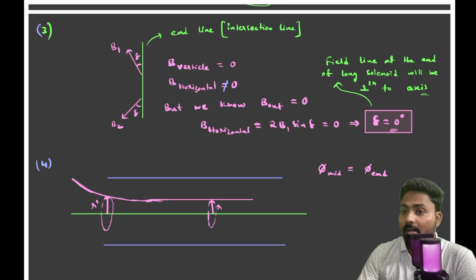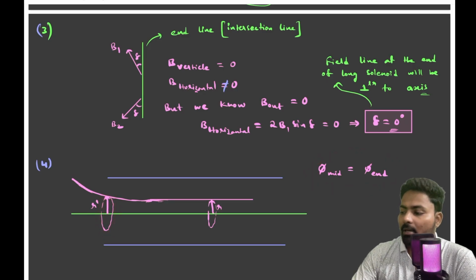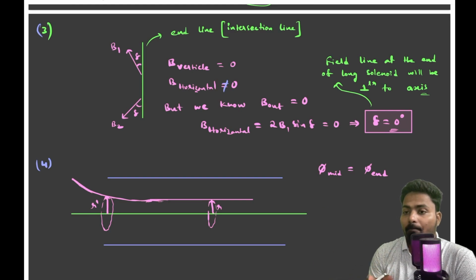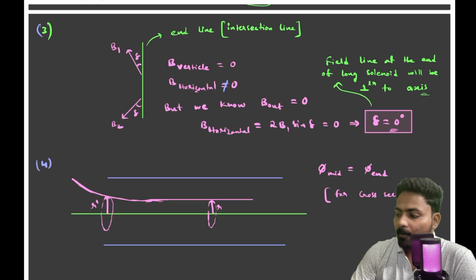This is not a general result. You might be thinking, sir, in the second point we proved that the flux at the end is half of the flux in the middle. See here clearly, that's why I'm writing this is for the cross section shown in the figure.